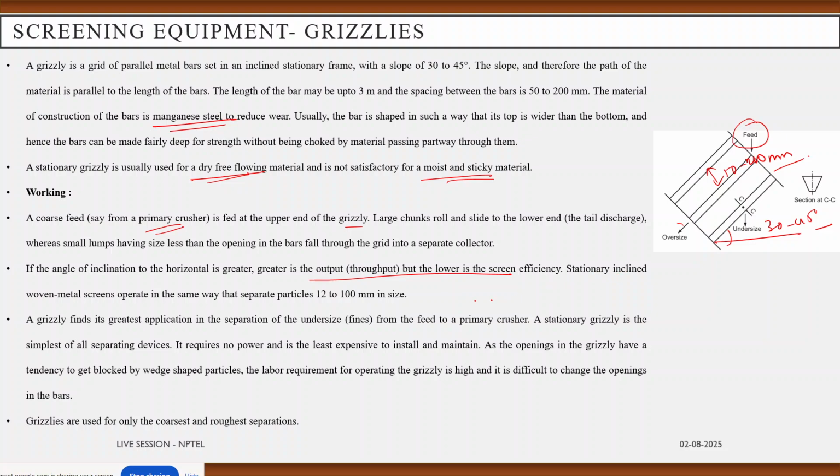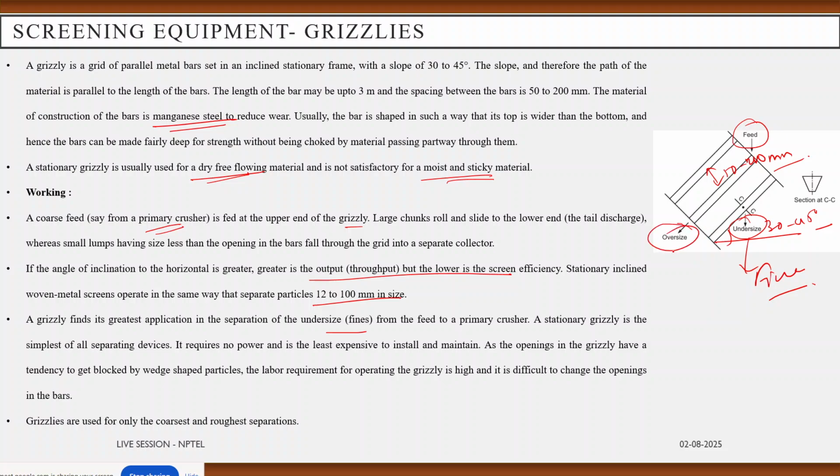Stationary inclined woven metal screens operate in the same way and separate particles from 12 to 100 mm in size. A grizzly finds its greater application in the separation of the undersize, which is generally fine material from the primary crusher feed.